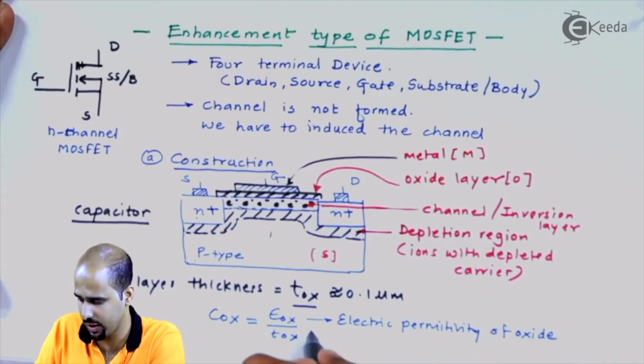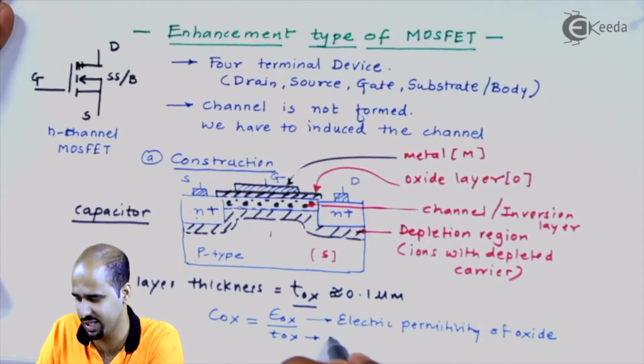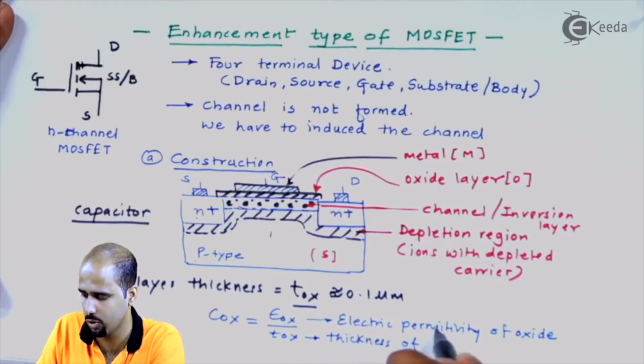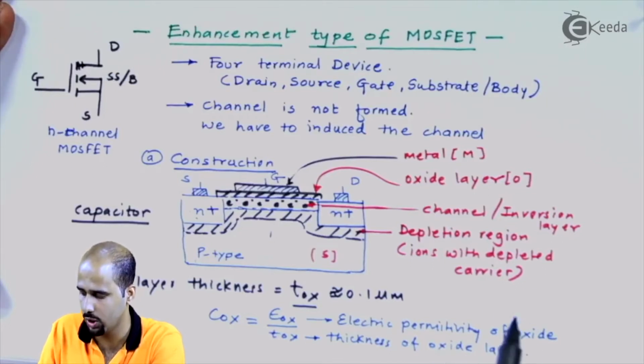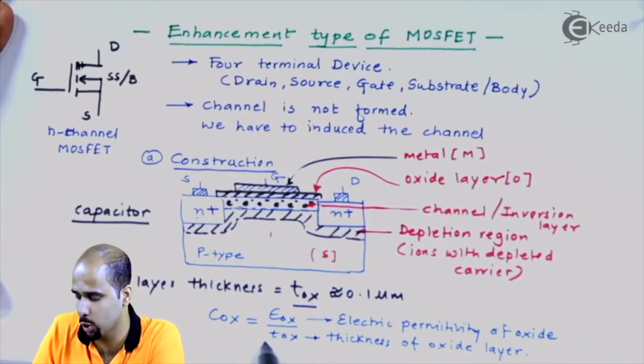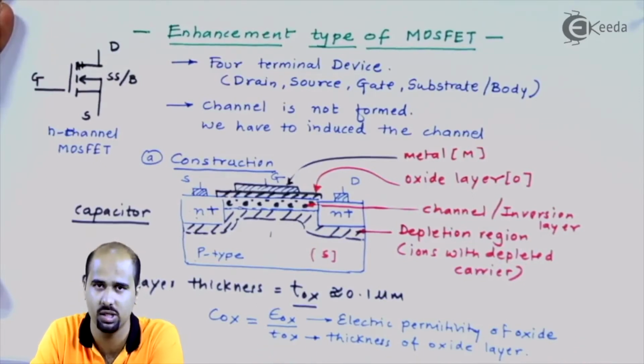And Tox is obviously the thickness of the oxide layer. So if we want a higher value of capacitance, I will just reduce the thickness. So Cox is inversely proportional to the thickness of the oxide layer.